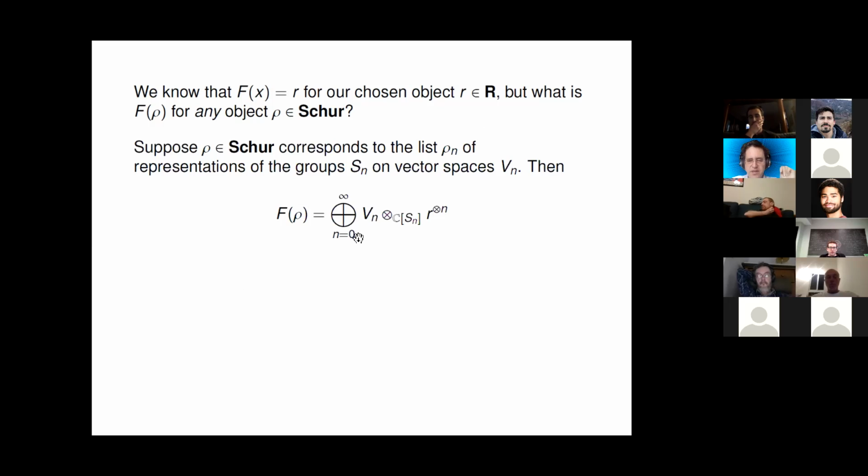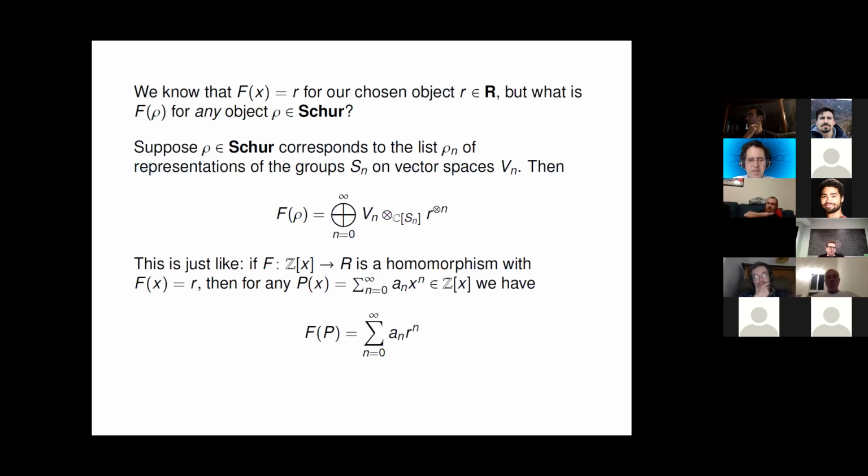Now this formula here, if you've got a good imagination, should remind you of a Taylor series, or a polynomial perhaps. And indeed, it's exactly like what we had in the simpler situation. If you have a homomorphism f from Z of x to a ring R, and you know what x goes to, some element r of your ring, then you know what it does to any polynomial.